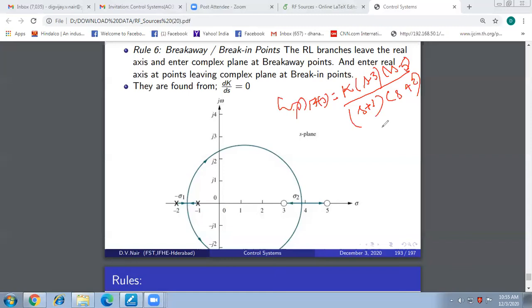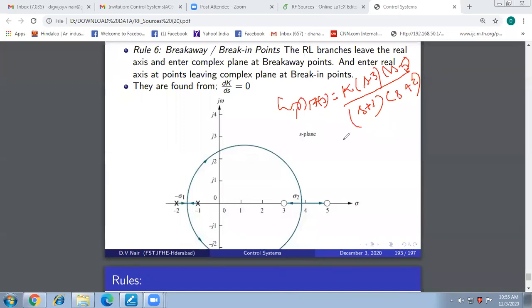Now tell me, how many asymptotes, or how many branches of root locus will terminate at infinity? None, sir. Zero. No branch has to go to infinity because there are two finite open loop zeros.